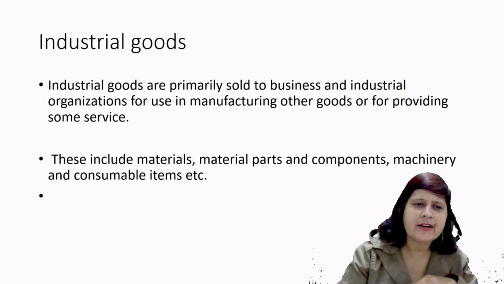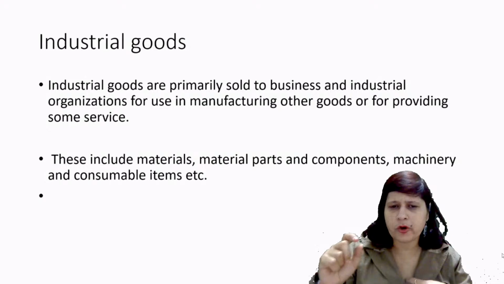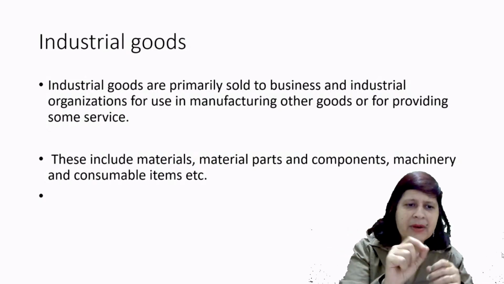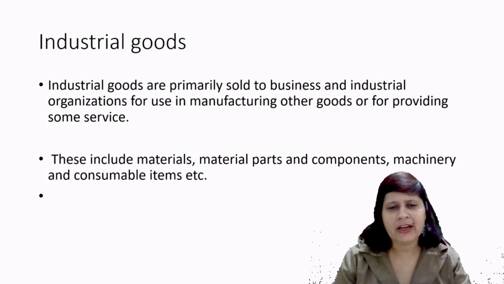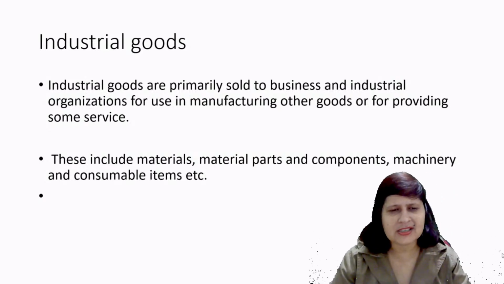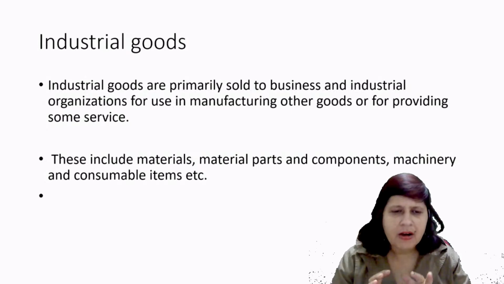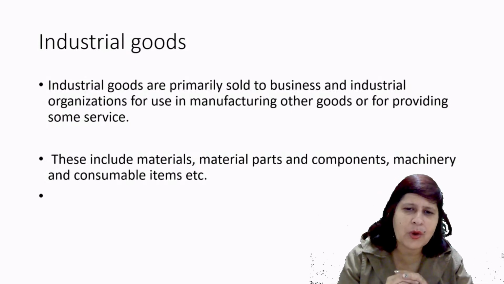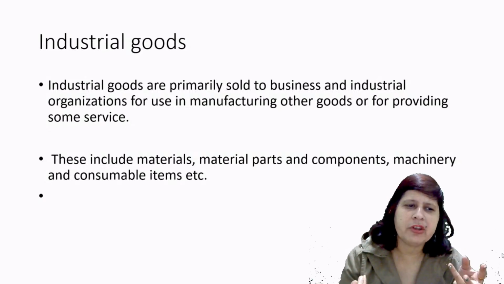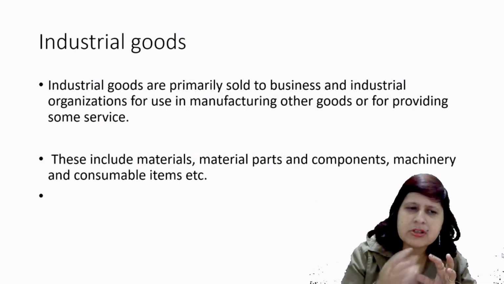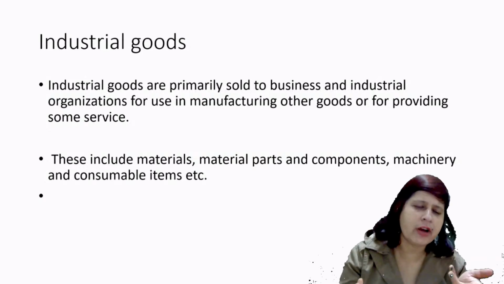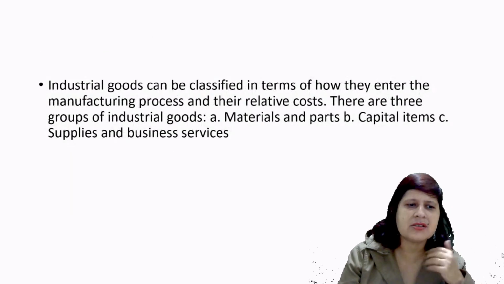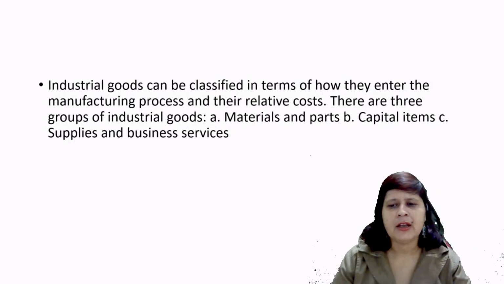The automobile industry needs a chassis plate because in each and every vehicle, a chassis number should be there. All these are raw materials required for manufacturing of the product. All these are known as industrial goods. Industrial goods are those goods which an industrial organization uses for the manufacturing of other goods and services, right?